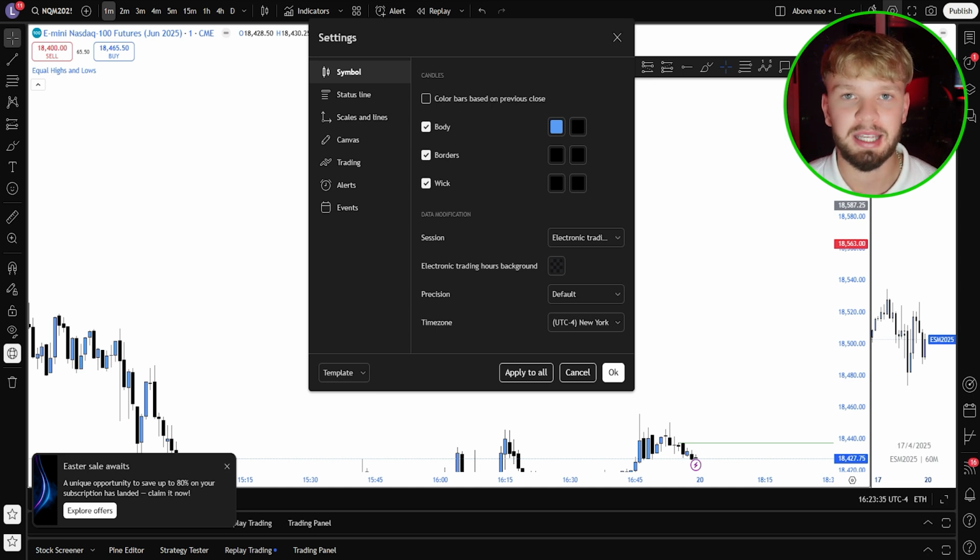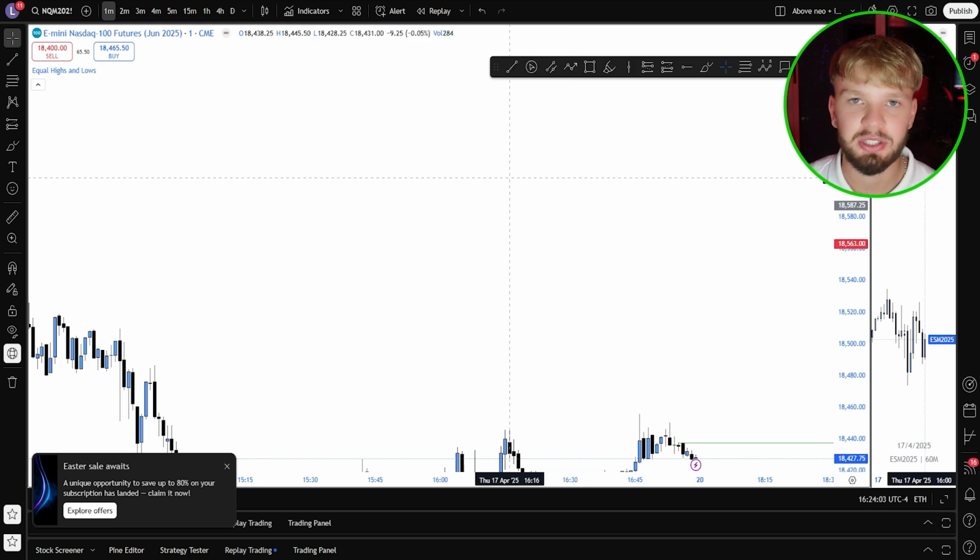Now I'll explain this in a minute, but basically this is very important because as your charts are set to green and red, your brain is automatically going to think when you see red that means bad, which most people think. When the market is going down, most people think that you are going to lose money, but this is incorrect, and you can make just as much money when the market is going down as when the market is going up. So make sure you have that set on your chart.